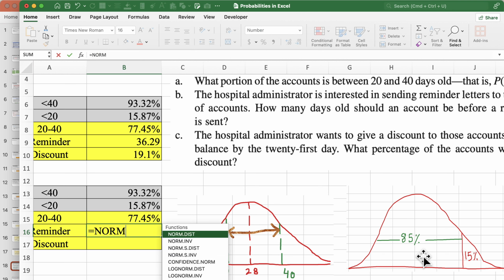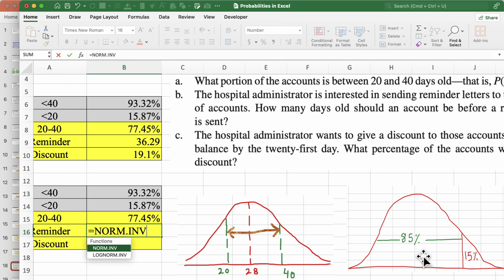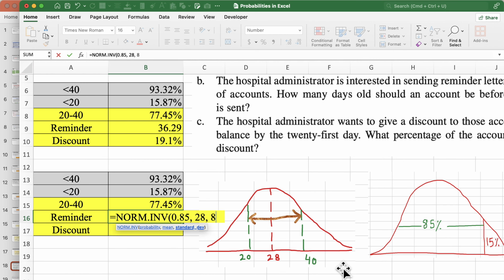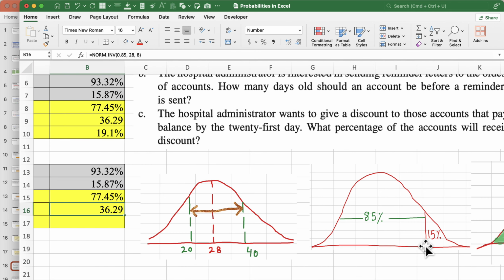So that will be NORM.INV, and as you can see it says probability, we know it's 0.85 because that's the cumulative probability, and mean is 28, and then standard deviation is 8. So this value is 36.29, or we can round it off to 37, which means any account that's 37 days old or more than that should be sent reminders for payment.